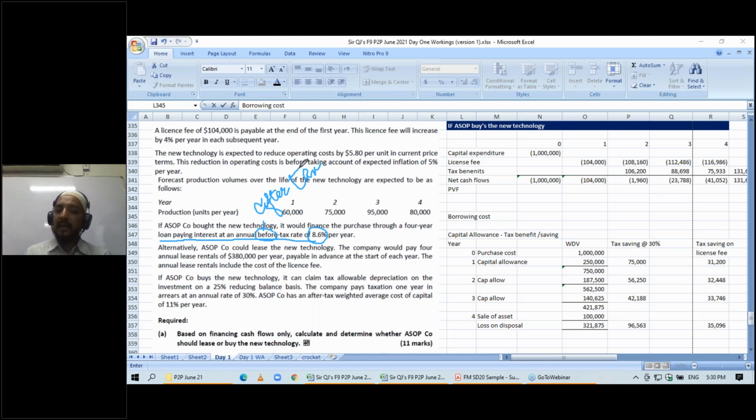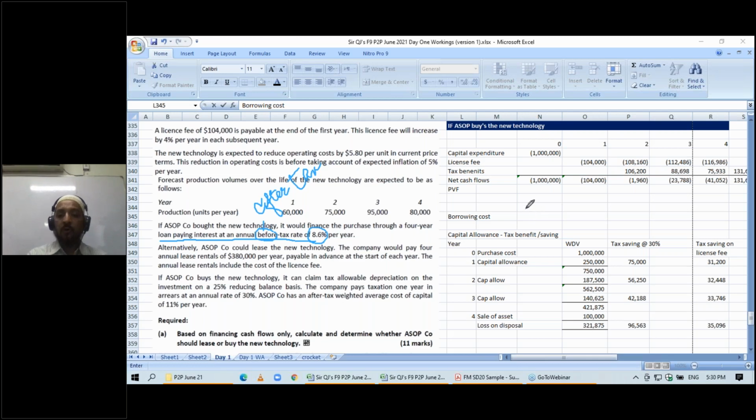So what happens? There is a tax shield. Tax shield means that if you obtain a loan, you incur an interest cost, and interest can be deducted from the taxable income. When you deduct it from your taxable income, you save some taxes. So you will save 30% of this 8.6%. So what will be the net cost? The net cost will be 6%.